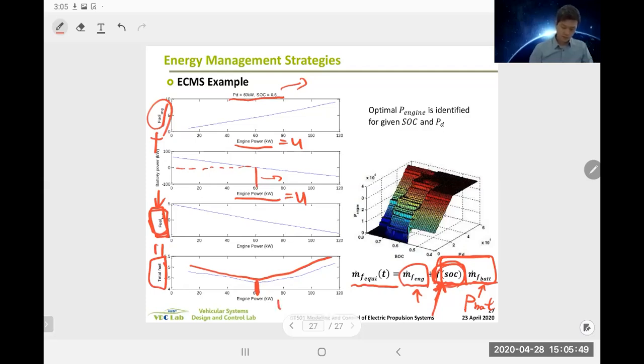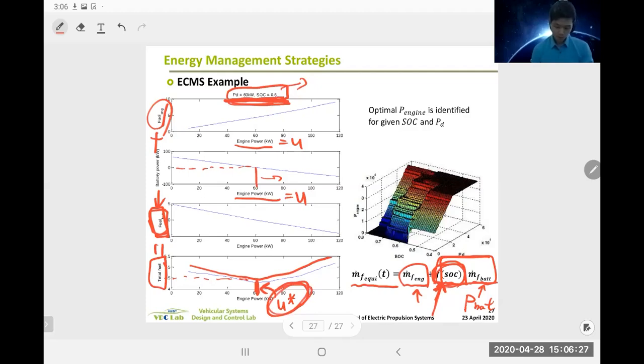So this is U star, optimal U, which gives you minimum equivalent fuel consumption. So now you just need to keep a record of this U star for a given power demand and SOC. For this power demand and SOC, this is the optimal solution.